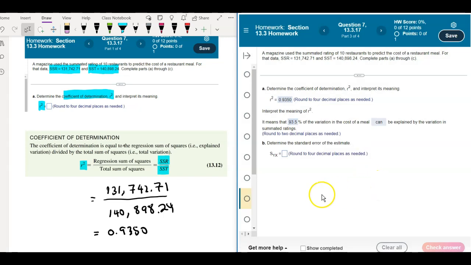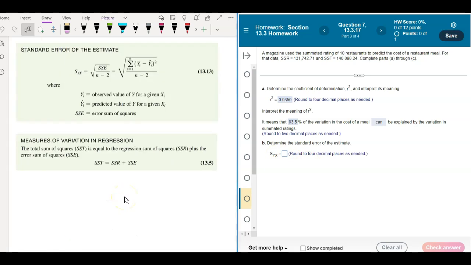Check it. Good. Now we are calculating the SYX, which is called the standard error estimate. And for this question, we need the following two formulas, right?